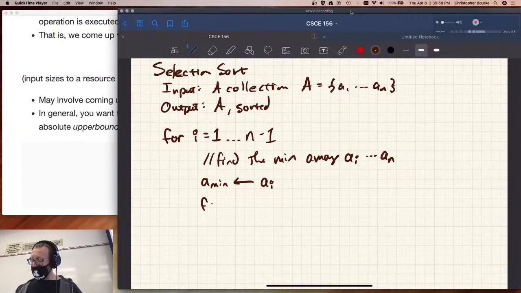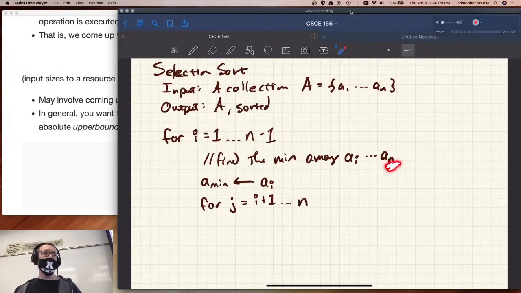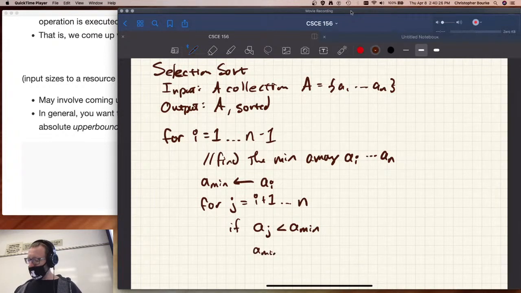And then I can go through the rest of them. For j, running from I plus 1 through n, remember, here we do have to go all the way because the minimum could be at that last position. In fact, in the example that we did, it was at one point: 1 was the last one. Right? If the jth element is less than a min, then we found something smaller. So a min takes on the value aj.